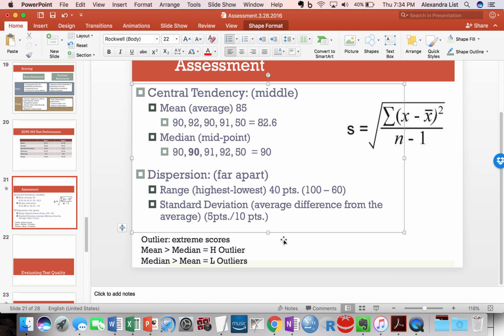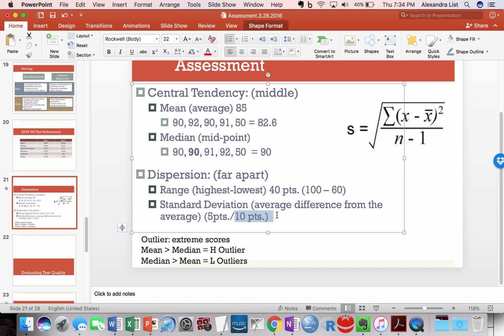So I like 5 points because that means that if my mean is pretty good, if it's 85, and most students are doing within 5 points of the mean, between 80 and 90, that not only is my class generally doing well, which is what this measure of central tendency tells me, the majority of students are doing very solidly. So most of them are kind of within that range, even though, of course, we have somebody who's getting a 60. But on average, students are within 5 points.